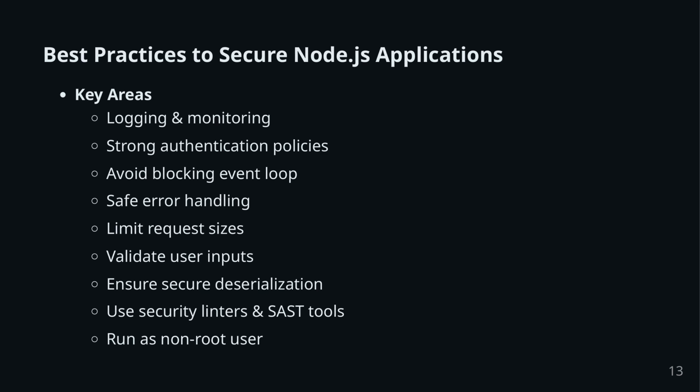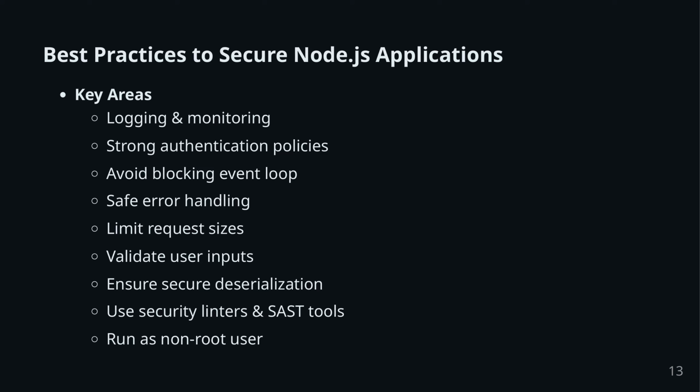In this section, we will discuss the best practices to secure Node.js applications. There are several key areas to focus on. 1. Logging and monitoring. Implement thorough logging and monitoring to gain insights into your application's behavior and detect any suspicious activities. 2. Strong authentication policies. Use robust authentication mechanisms to ensure that only authorized users have access to your application. 3. Avoid blocking the event loop.